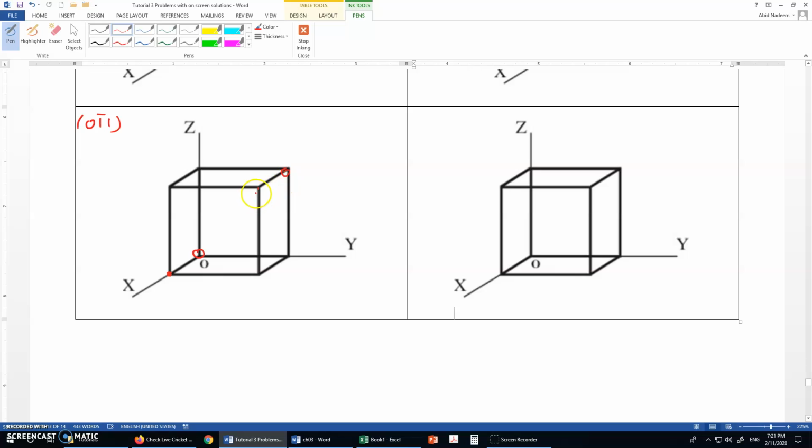So this plane will look a little bit acute because of the angle, because of the direction from which we are seeing it. So it will be like this.